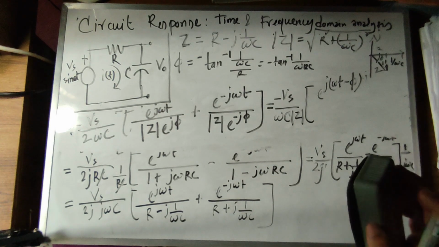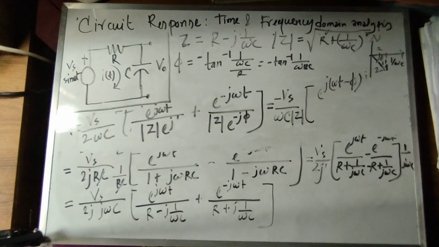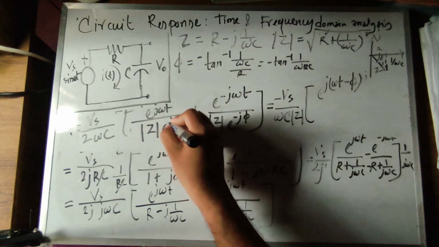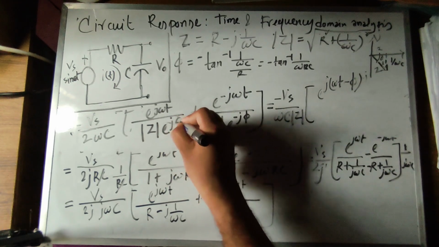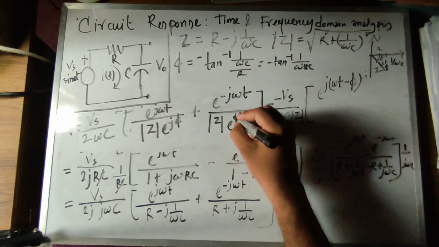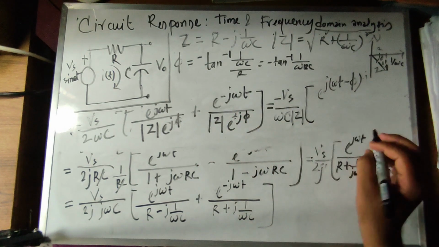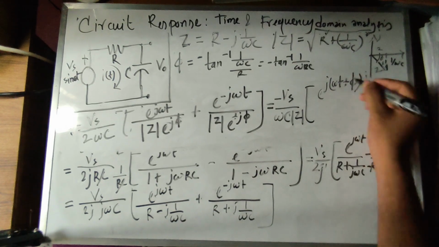So here this will be j, e to the power j omega t minus j phi, and this will be plus.